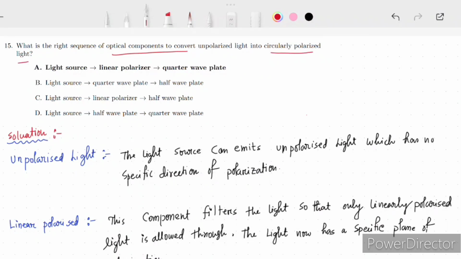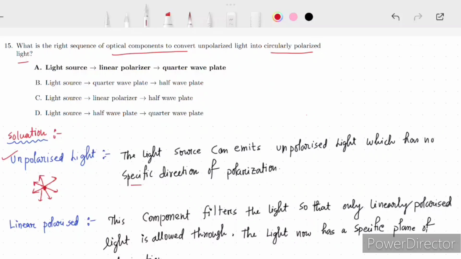We already know unpolarized light. What is the meaning of unpolarized light? We consider a light source that can emit unpolarized light, which has no specific direction, and it emits light in almost all directions.